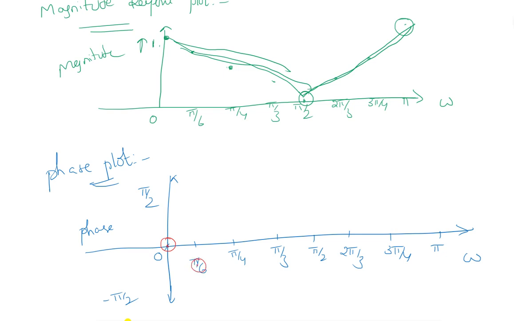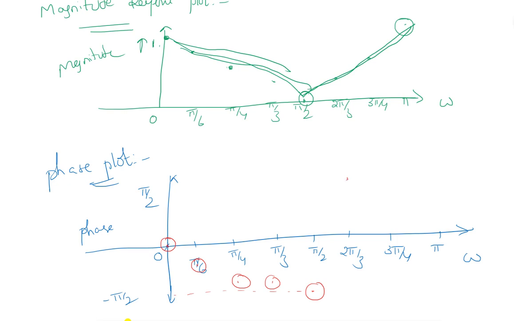For pi by 4, its value is equal to minus pi by 4. For pi by 3, its value is equal to minus pi by 3. For pi by 2, its value is equal to minus pi by 2. For 2 pi by 3, its value is equal to pi by 3.